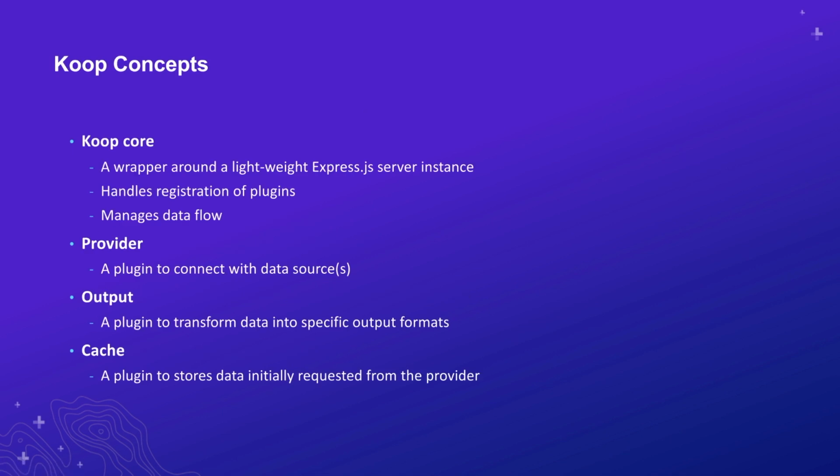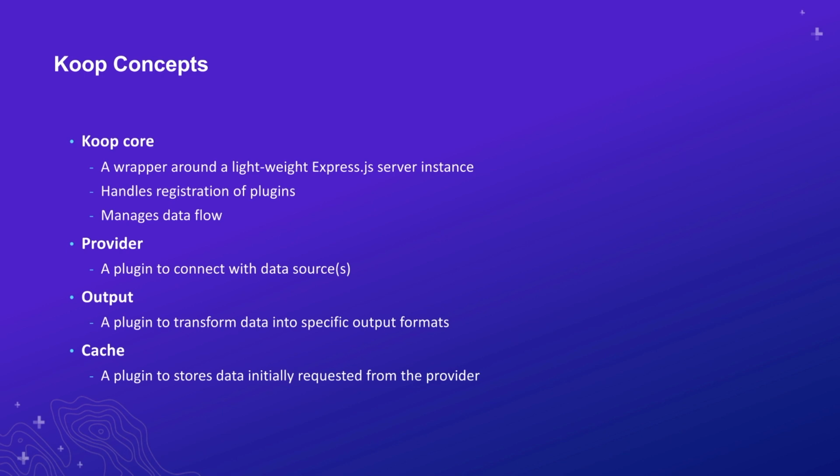Let's talk about some of the basic concepts when you're working with Koop. There's what we call Koop Core, and that is basically just a wrapper around a lightweight Express.js server instance. And it handles the registration of plugins, listens for requests, and manages data flows across the plugins.